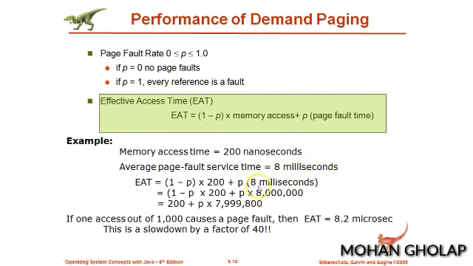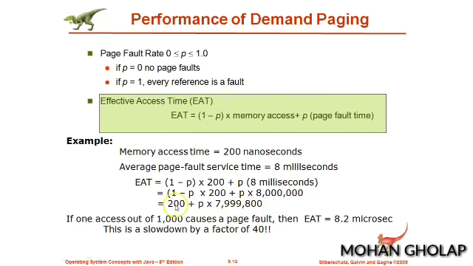So here we will convert this 8 milliseconds into nanoseconds, which becomes 8 million nanoseconds. So this becomes (1 - p) × 200 + p × 8,000,000 nanoseconds. Altogether this becomes 200 + p × 7,999,800.